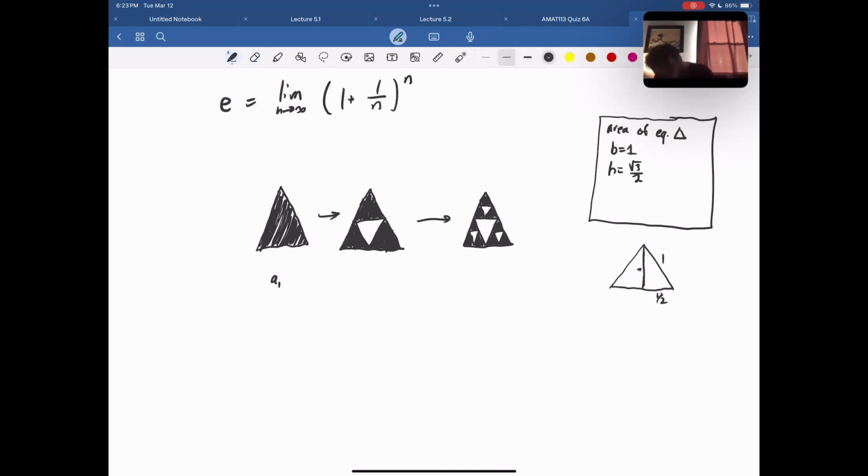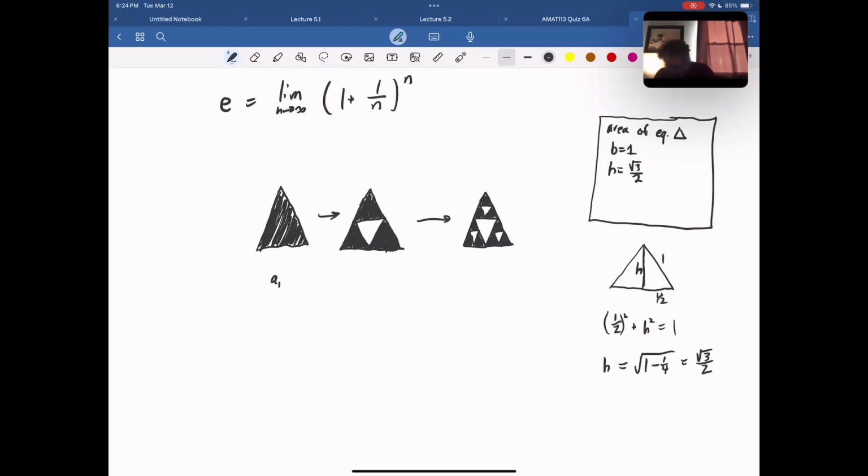Right, and so that will be h, which is going to be 1/2 squared plus h squared equals 1, or h equals the square root of 1 minus a quarter, right, which is root 3 over 2, right?